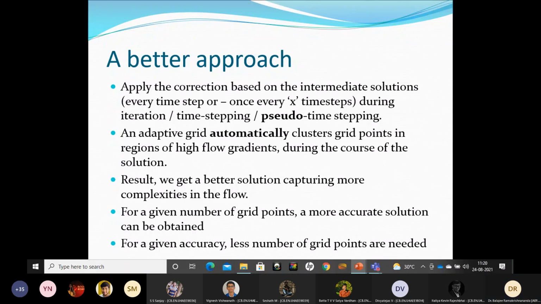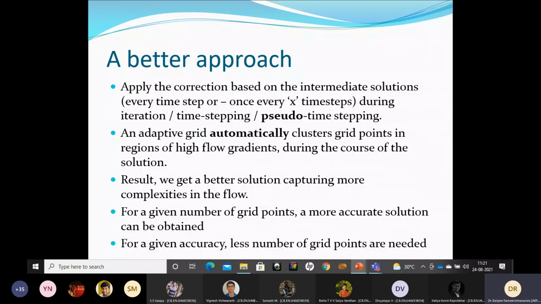Or the second way to use it is for a given accuracy. You say, I don't bother about the number of grid points, I have a massive computer, but I want so much accuracy, an accuracy of 10 power minus 6 times the initial error. To get that accuracy, you need fewer grid points.